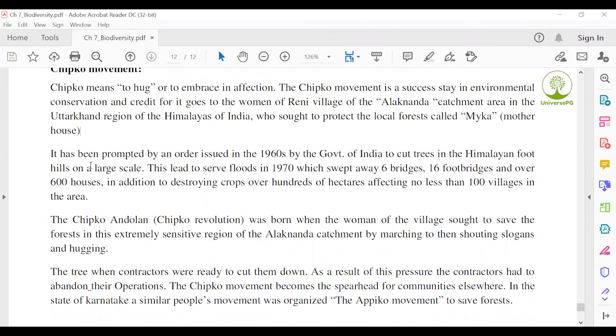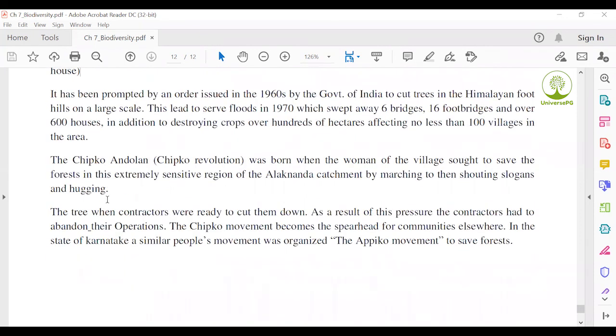This movement protested against the government for the destruction of different types of plant and animal species from the natural environment. This movement is called the Chipko movement. This movement occurred in India, in the Alaknanda catchment, by massing people, shouting slogans and using different types of movement.